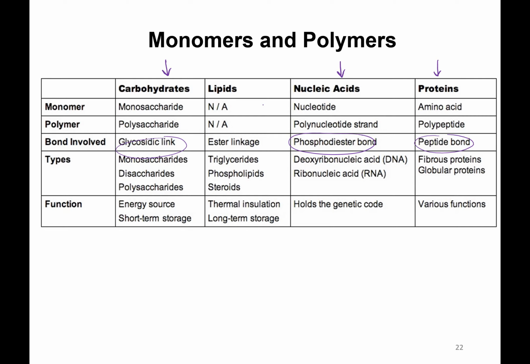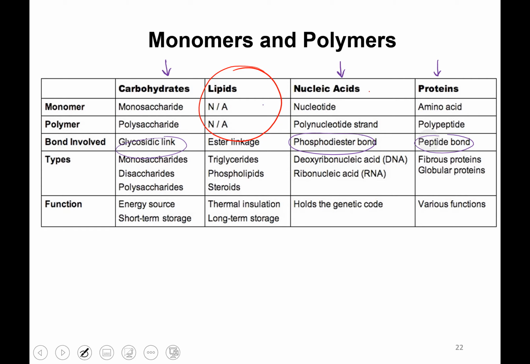What I want you to get from this slide is that lipids are not made up of true monomers and polymers. So I'm never going to ask you what is the monomer of a lipid, or what is the polymer of a lipid, because they don't have nice repeating units.